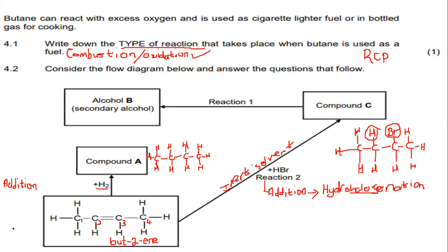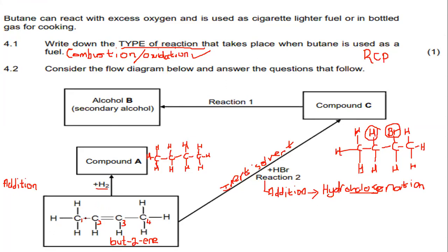So let us just check for balancing. How many carbons do I have in the reactants? I have 1, 2, 3, 4, as well as in the product, I have 1, 2, 3, 4.